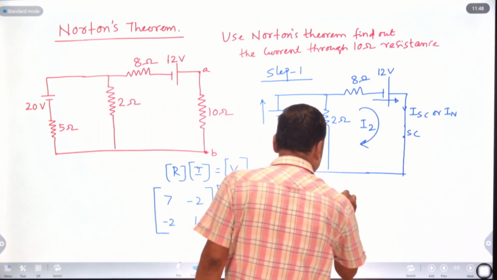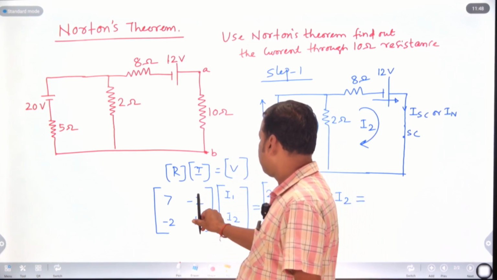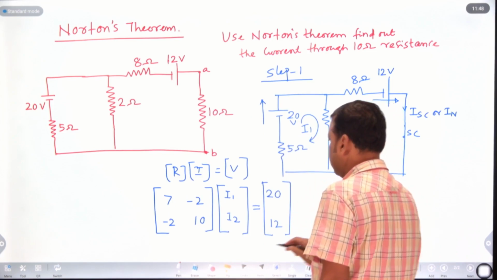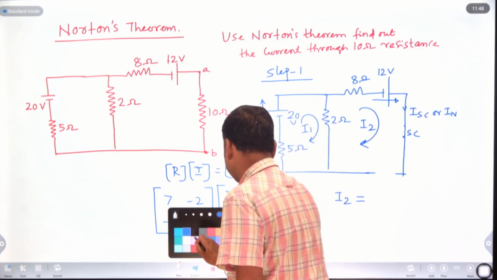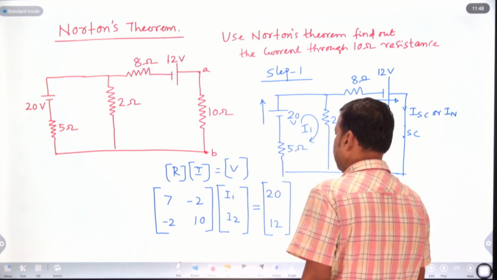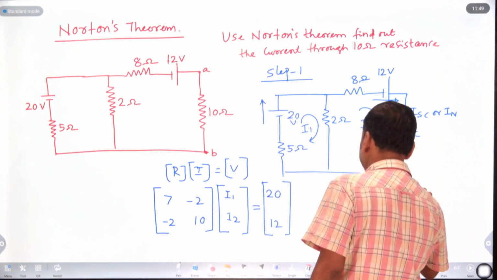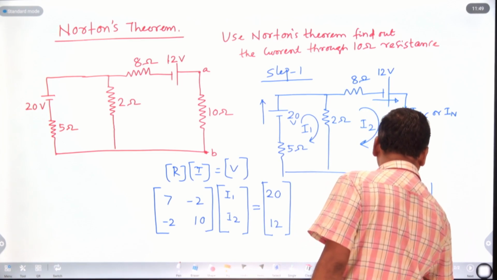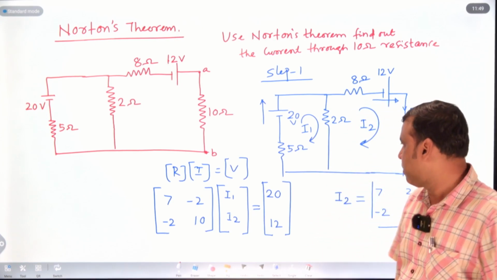Using Cramer's rule, the value of I2 equals: simply replace the second column, so the matrix is 7, minus 2, 20, 12, divided by delta. Delta is the value of the resistance matrix.